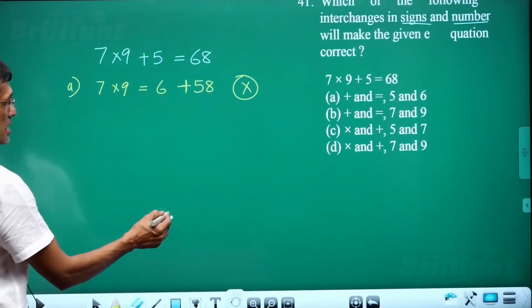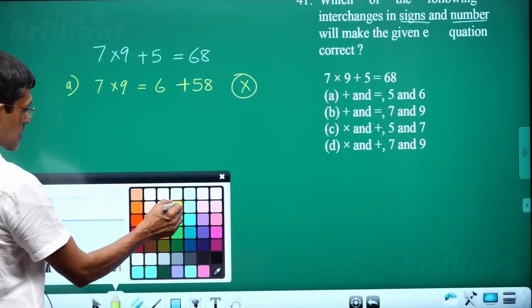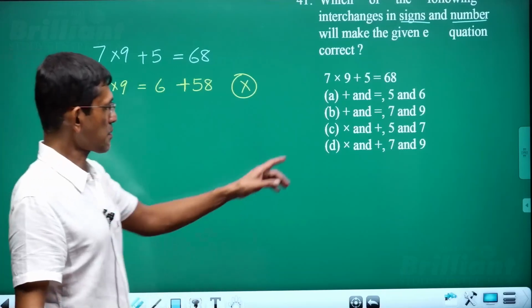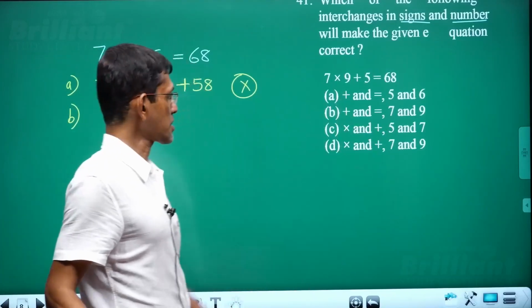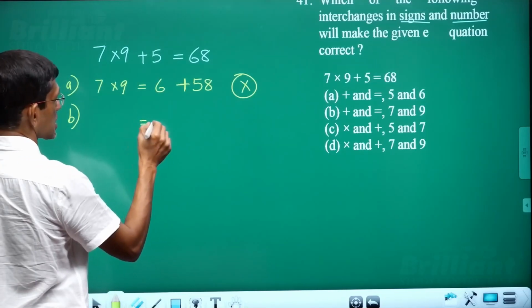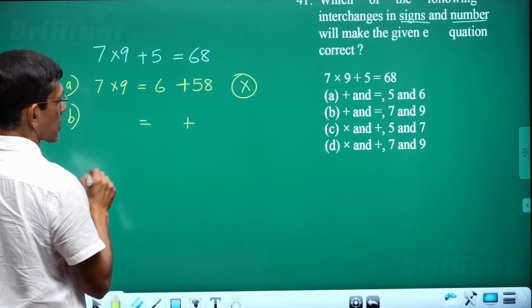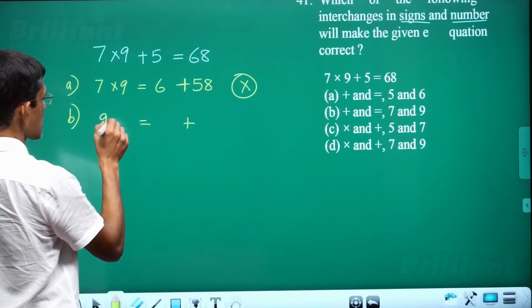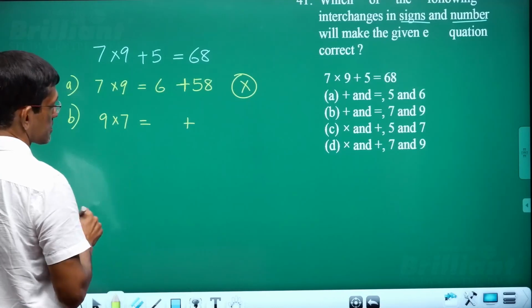Now we'll try answer choice B. Again, plus and equal to must be interchanged. Equal to comes over here and plus goes here. Then 7 and 9 must be interchanged. So 9 comes over here, 7 goes here.